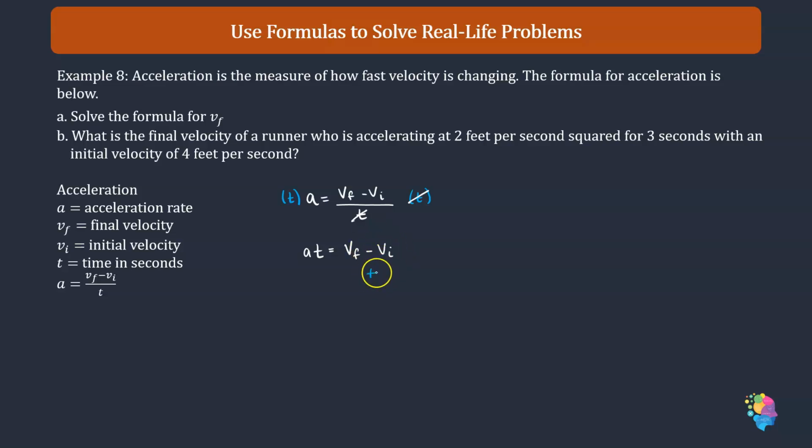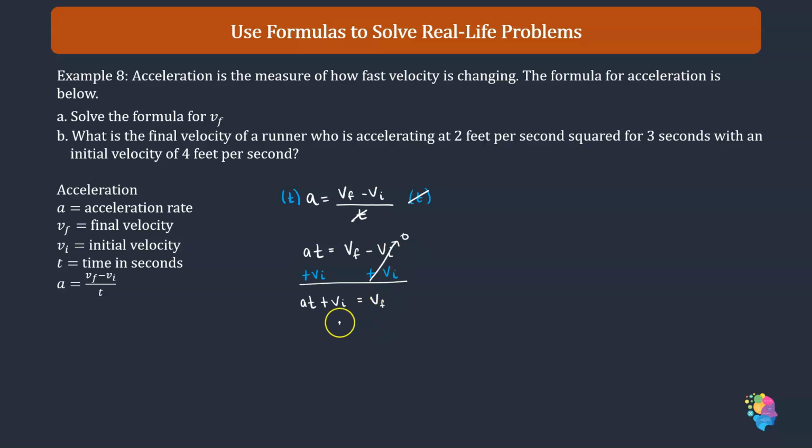So we're going to add Vi, which is the initial velocity. So we get At plus V sub i is equal to, well, that goes to 0, V sub f.